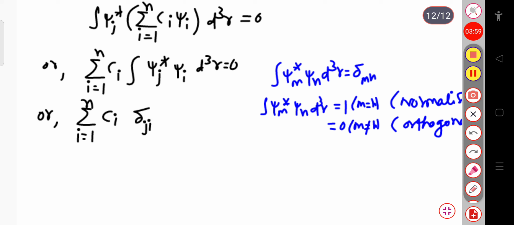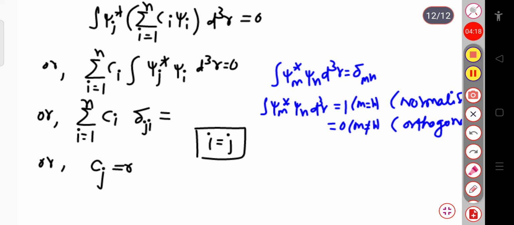This equals ci, or cj, when i equals j, because here delta ji value goes to 1. So cj is equal to 0.